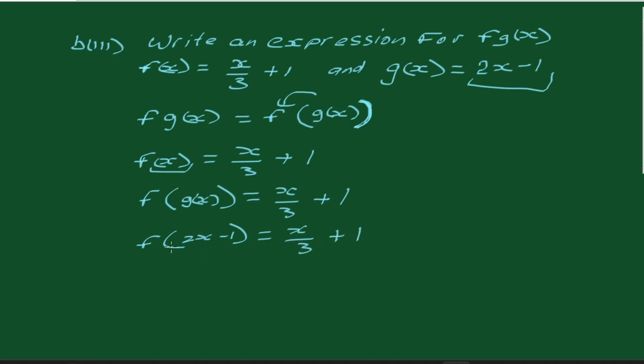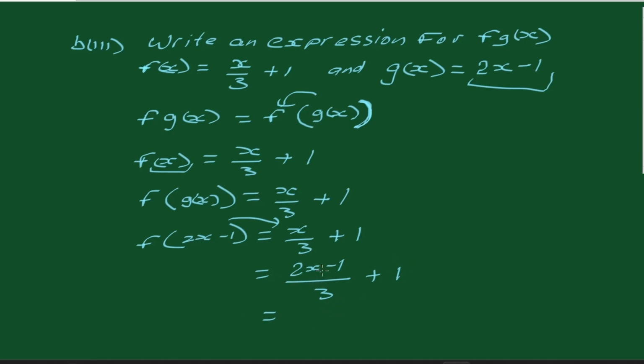Having replaced that, this is the input to the function here. Anywhere we see an x in the function f, we're going to replace it with 2x minus 1. So it's 2x minus 1 all over 3 plus 1. Now we could simplify this expression.